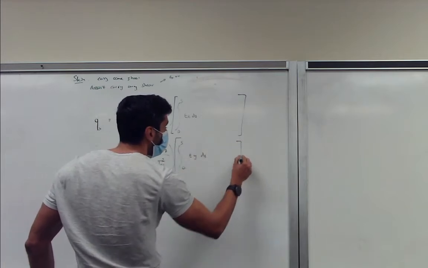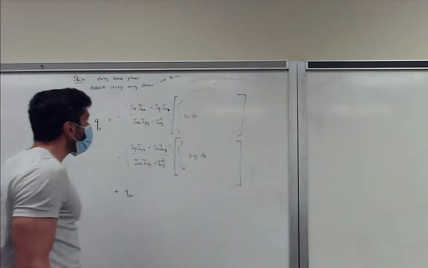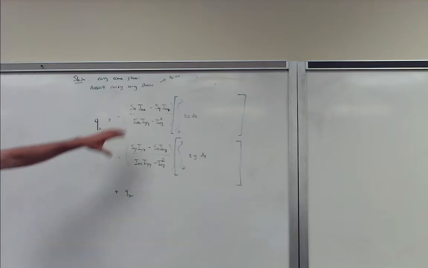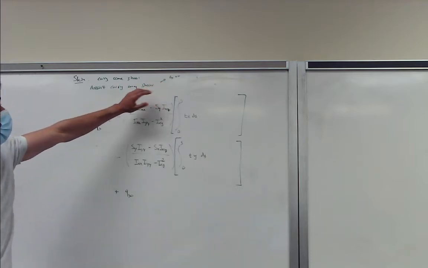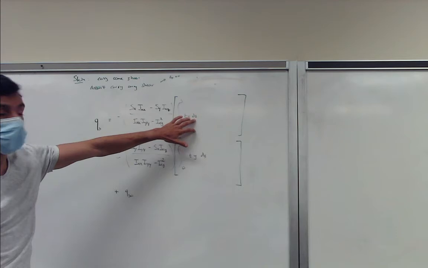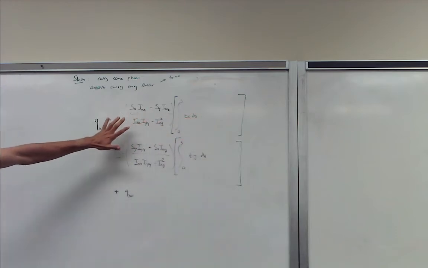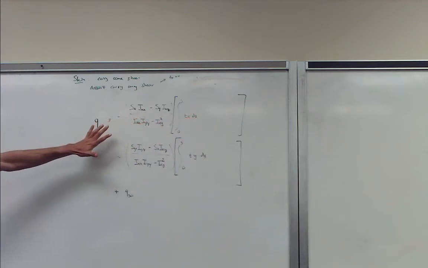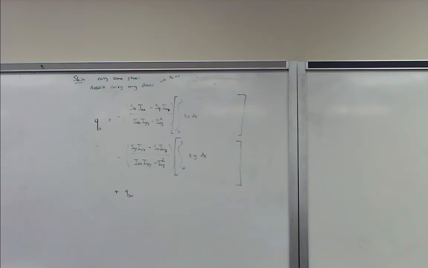I left it blank deliberately. So basically, if we assume that the skin doesn't carry any shear stresses, then this will disappear. But then we would also mean that we don't have any shear stresses at all. But we do.